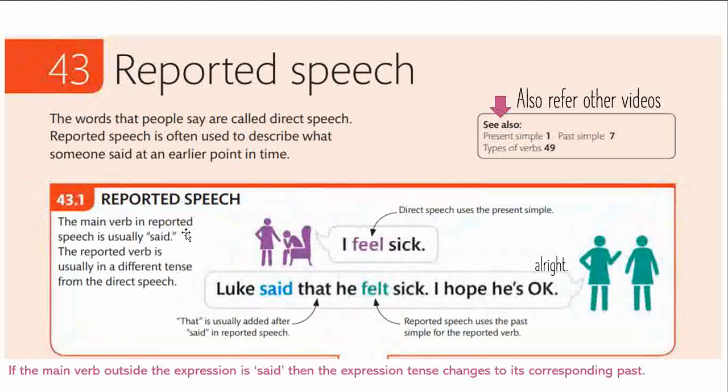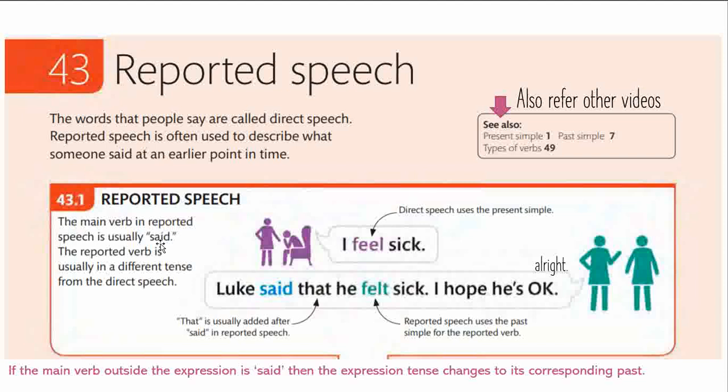The main verb in reported speech is usually said. Outside the sentence, you have the word said, and looking at that, you decide whether the expression within the single or double quotes, the speech marks, is changeable or not. If the word is say, or it is in present or future tense, then the tense of the expression inside doesn't change at all.